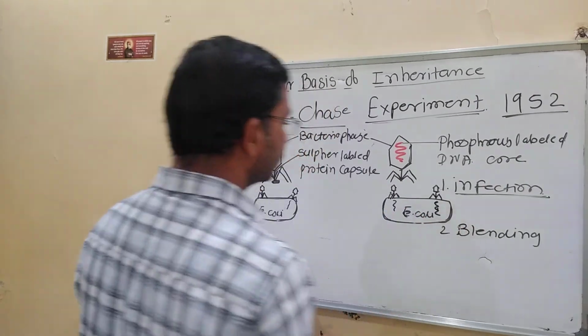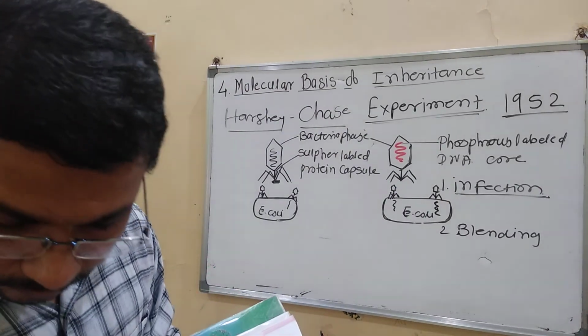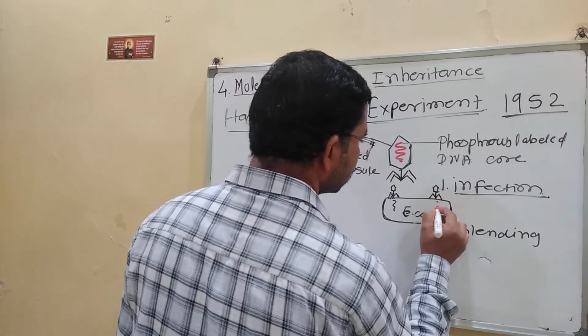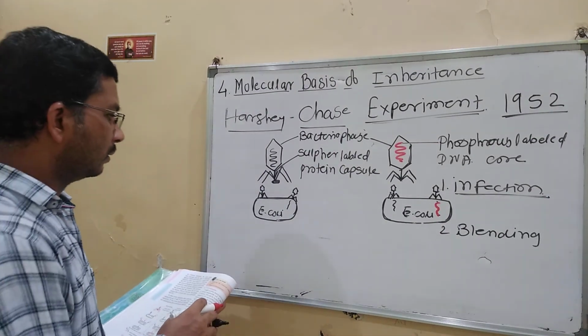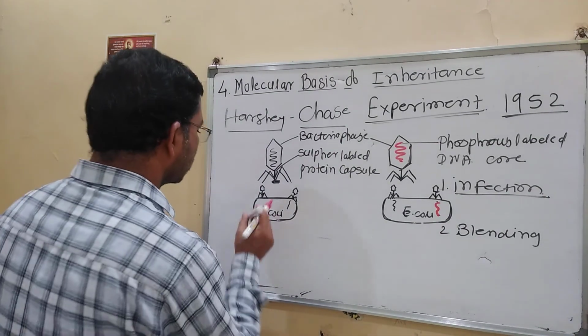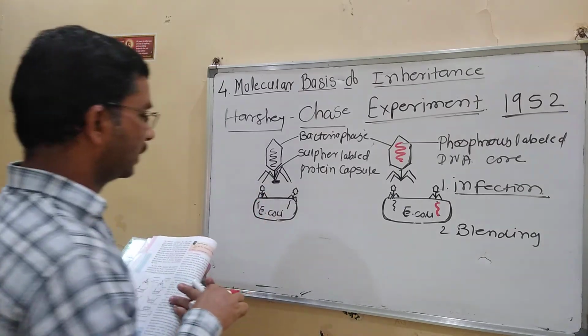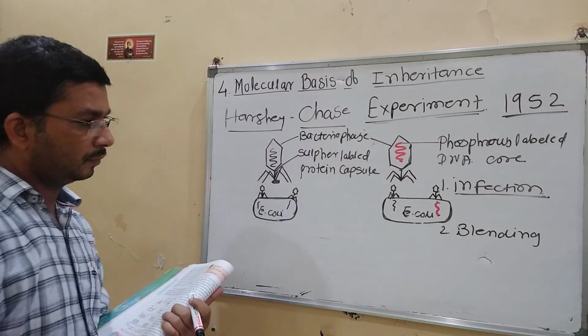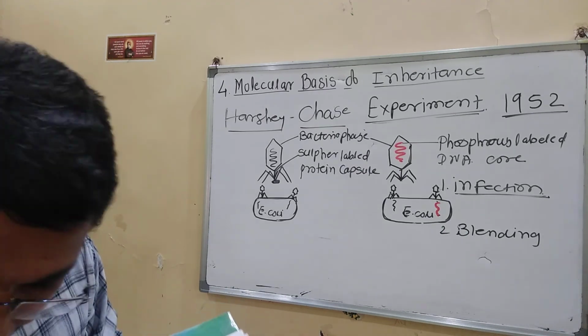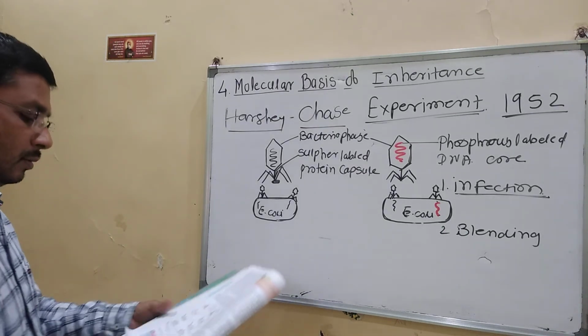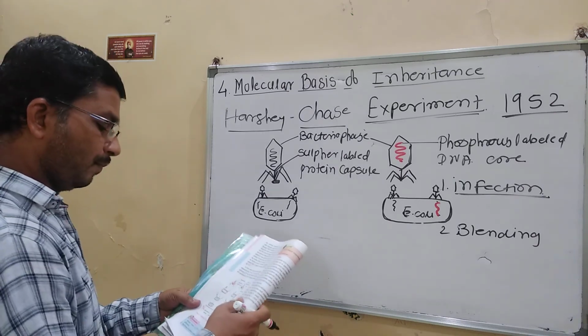This is the DNA of the E. coli bacteria. Then comes the blending process.